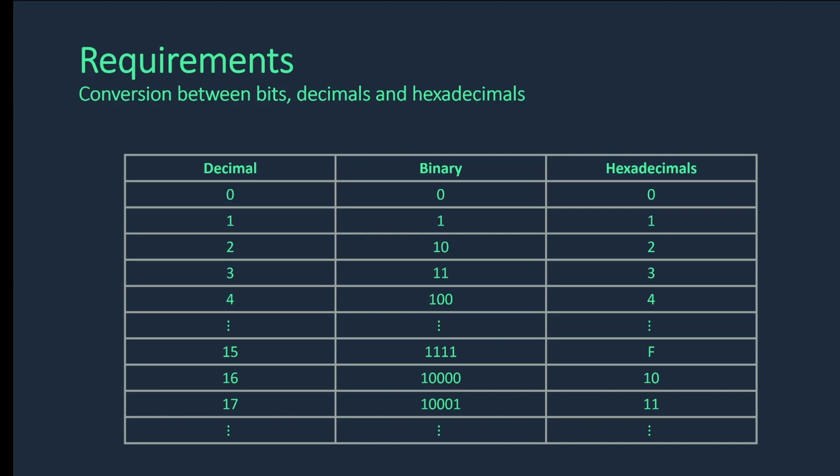Number 0 in binary and hexadecimal is 0, same with 1, nothing special. When we get to number 2, it corresponds to 10 in binary, and again number 2 in hexadecimals. And once we get to number 15, that's the last number that you can represent with only one character in hexadecimals, which is F. So once we add another value to 15, we get 16.